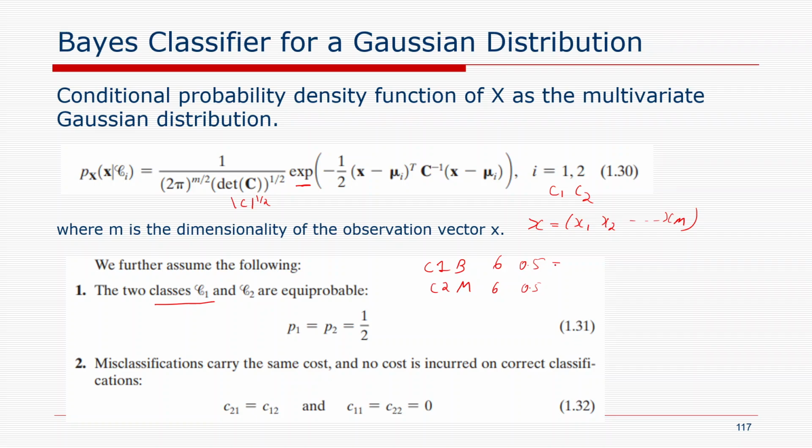That is, the prior probability of the benign and the prior probability of the malignant will be 1 by 2 or 0.5. We'll also assume that misclassification carries the same cost. Therefore, C21 and C12 are one and the same, and no cost is incurred on correct classification. Therefore, C11 and C22 are 0.